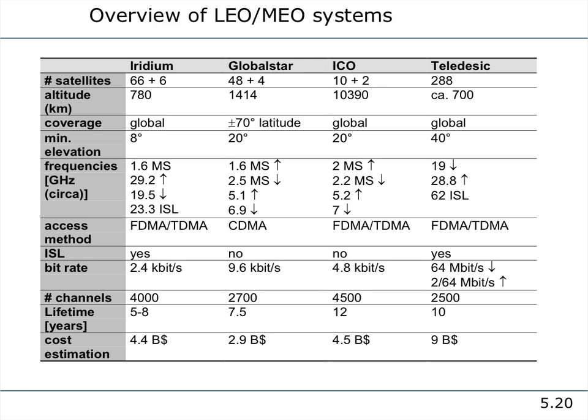So here you can cover the whole Earth with a low number of satellites. This is the altitude, in kilometers, of course. As we said, this is from 500 kilometers to 10,000 kilometers or something like this. So this is also LEO, and this is LEO. This one is relatively high, above 10,000 kilometers, which is MEO.